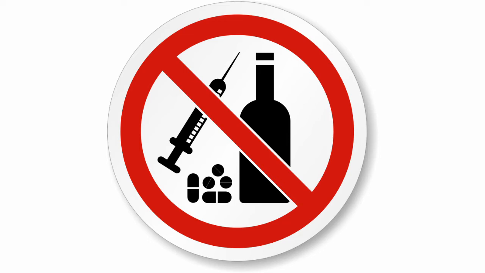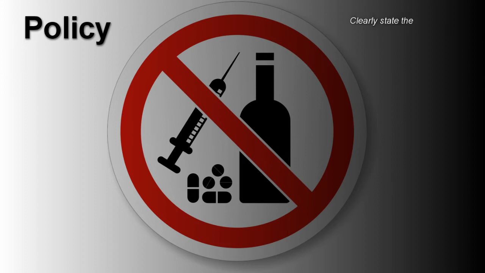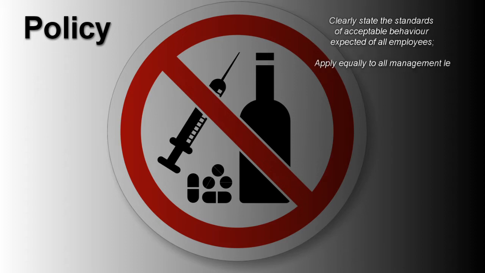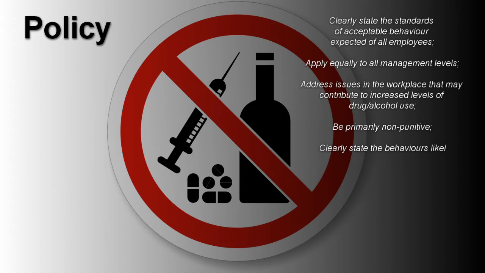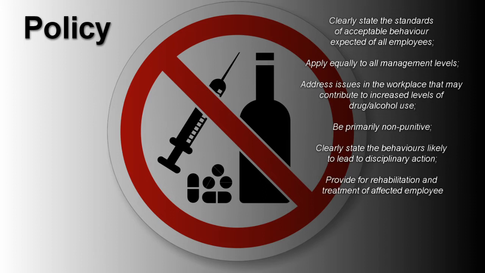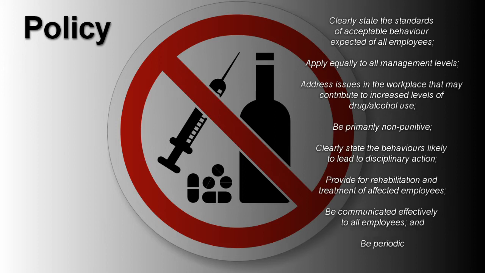As a minimum, the policy should clearly state the standards of acceptable behaviour expected of all employees, apply equally to all management levels, address issues in the workplace that may contribute to increased levels of drug or alcohol use, be primarily non-punitive, clearly state that behaviour is likely to lead to disciplinary action, provide for rehabilitation and treatment of affected employees, be communicated effectively to all employees, and be periodically reviewed and amended as necessary.